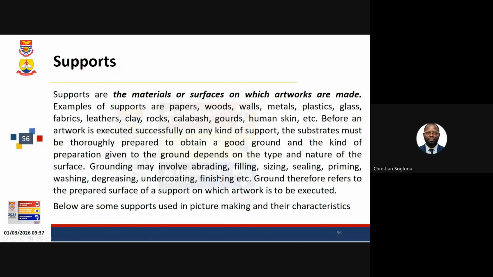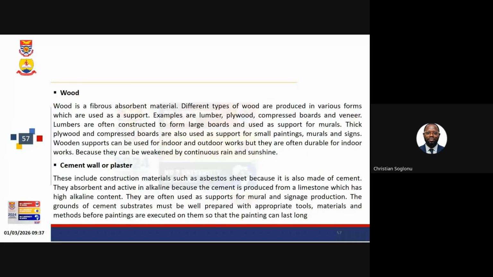Okay, thank you, sir. So we'll talk about wood being a support. Wood is a fibrous, absorbent material. Different types of wood are produced in various forms, which are used as a support. Examples are lumber, plywood, compressed board, and veneer.